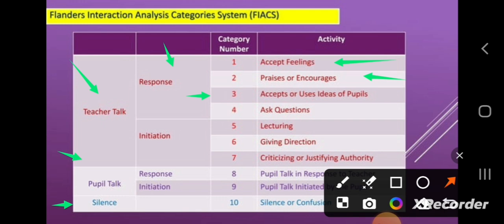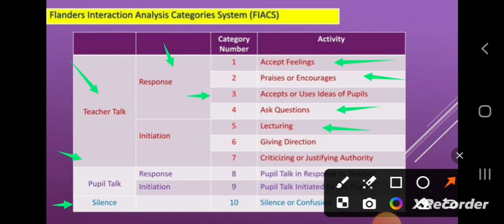Accepts or uses ideas of pupils. The teacher incorporates or acknowledges students' ideas and contributions into the lesson. Asks questions. The teacher poses questions to students to elicit responses or stimulate thinking. Lecturing.